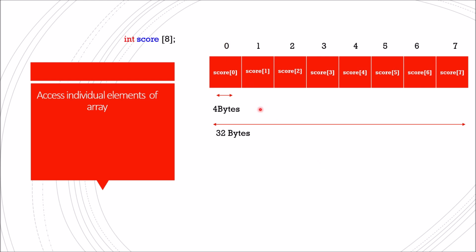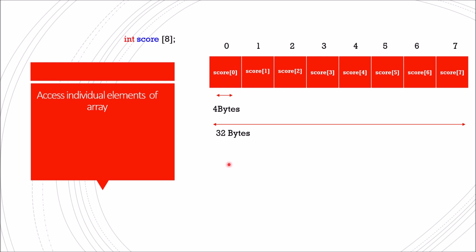So if we want the first value in this array, we use the name of the array and this index here, which tells which position we want to either read or write. If I want the last one, I will use score, square brackets and 7. And the first one will be score, square brackets and 0.